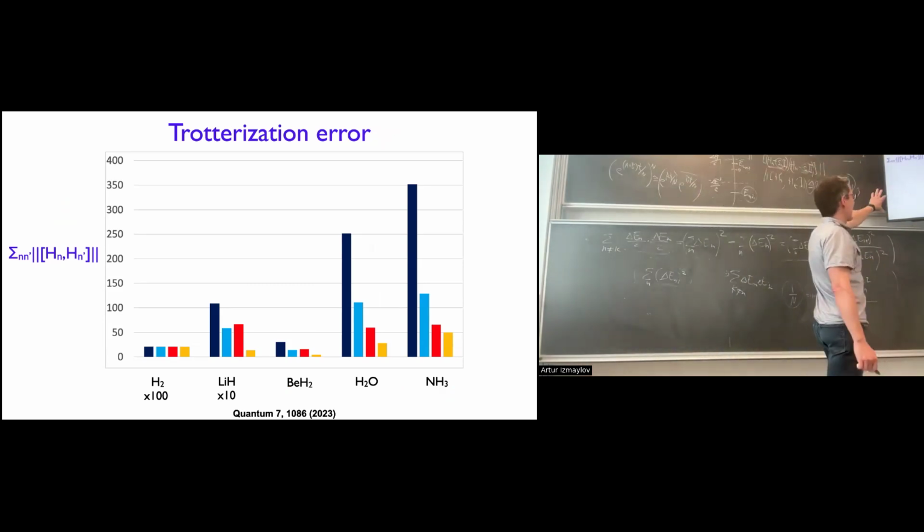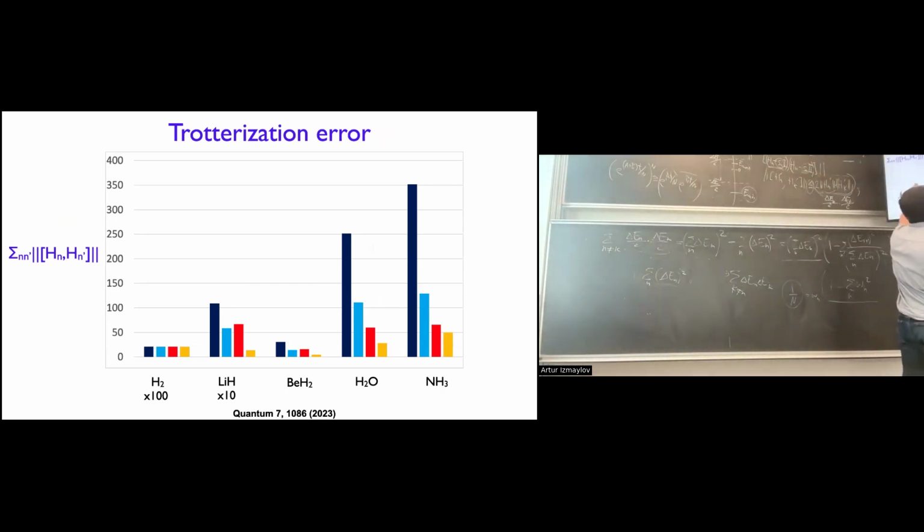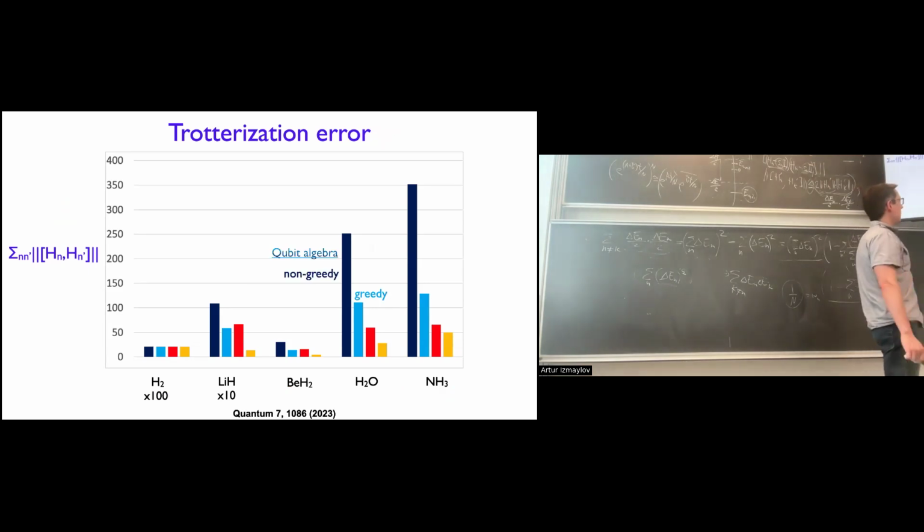And here are some results on Trotterization error. So here is the exact Trotter error, like the Trotter upper bound, I guess, for small systems where we can calculate this exactly, but we want to see how good the heuristics that we use work. So in the qubit algebra, in blue, there's a greedy algorithm and a non-greedy one in dark blue. As you can see in all the systems, greedy algorithms, according to our prediction, work better.